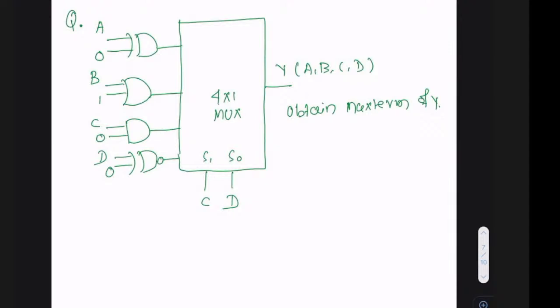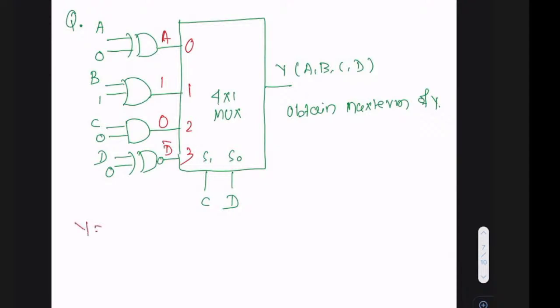So A XOR 0 is A, which is I0. The inputs are 0, 1, 2, 3. B OR with 1 is 1. C OR with 0 is 0. D XOR with 0 is D bar. Yes or no?